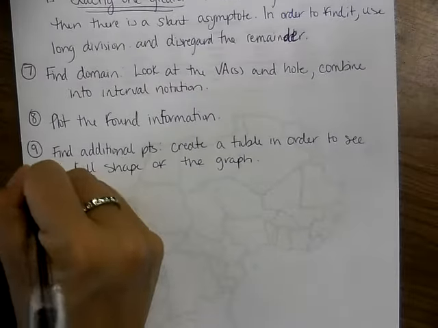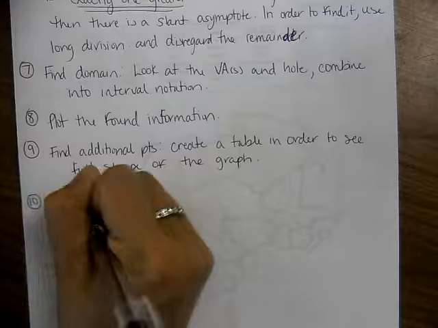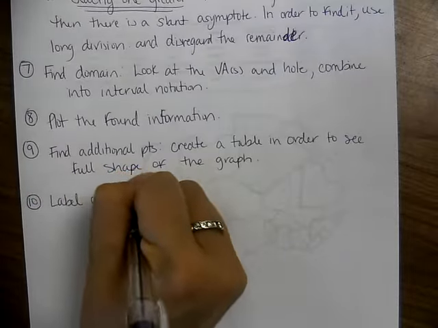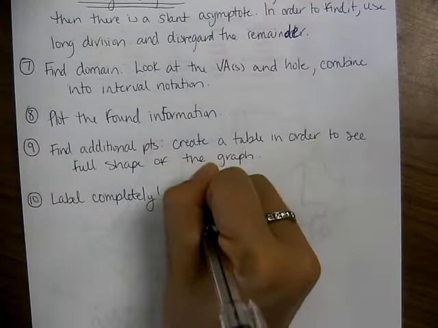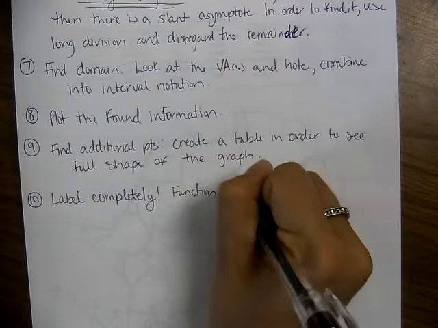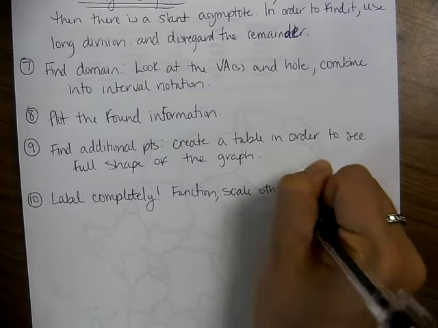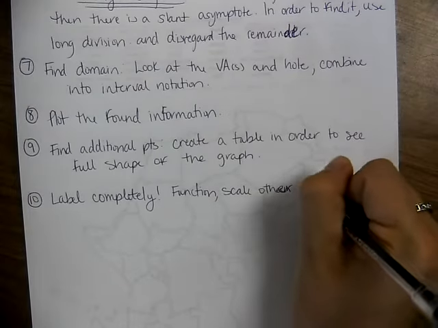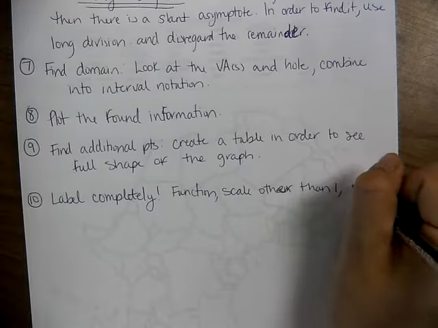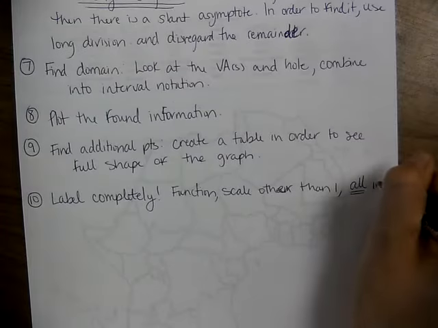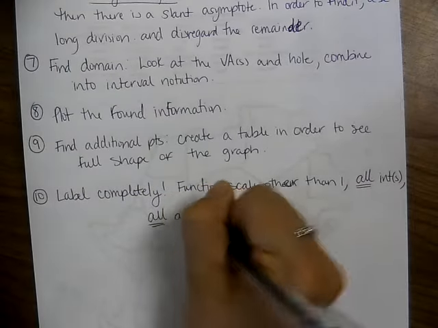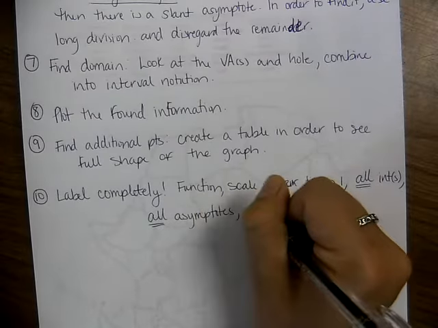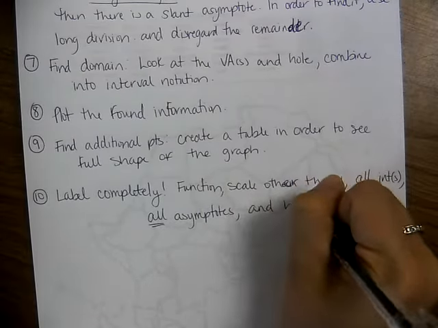And then finally, step 10 is label completely. Okay, so we're going to label the function, the scale other than 1, all intercepts, all asymptotes, and a hole if there is one.